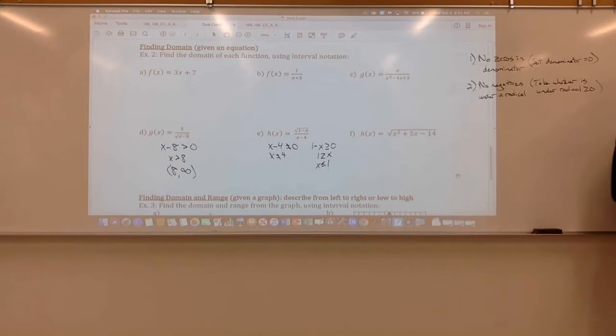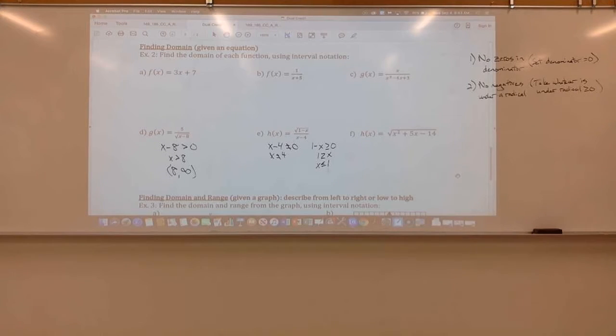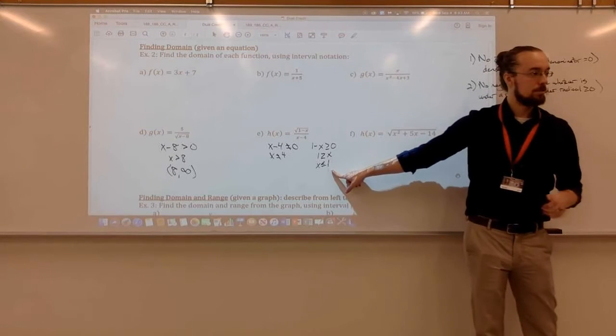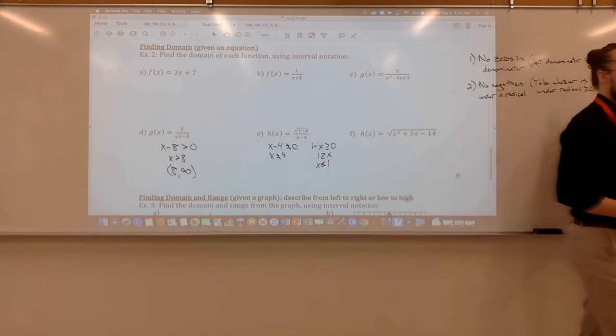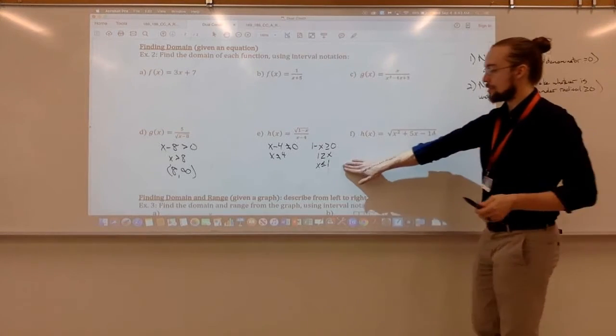How do I deal with this? Right, we just wouldn't include 4. Does that matter then? This one's actually kind of a trick question. x has to be less than or equal to 1. So 4 doesn't even matter, right? We already know that x has to be less than or equal to 1.